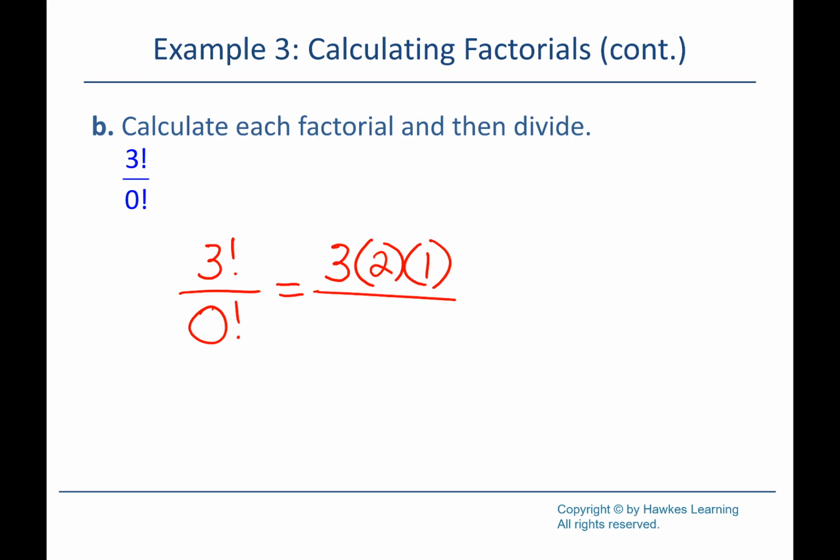What's 0 factorial? 1, yeah. 0 factorial is defined to be 1, so this thing is just 6. Six over 1, just 6.